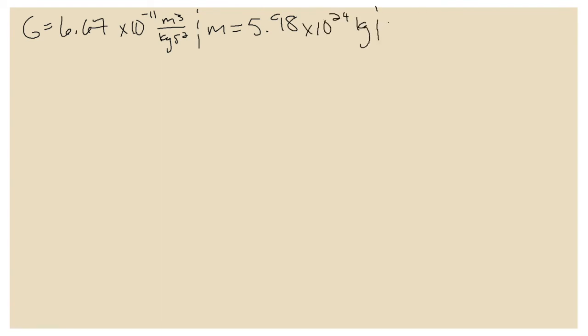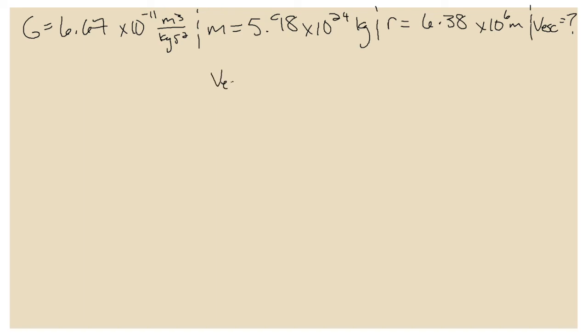And it also tells you the radius of the Earth, which is what we need here. Remember, R does not stand for radius. It stands for distance between the centers. But because we're on the surface of the Earth, the distance between the object and the center of the Earth is the Earth's radius. That's 6.38 times 10 to the 6 meters. And we're looking for the escape speed, or escape velocity, which we will denote V escape.